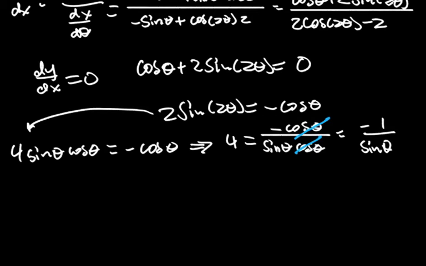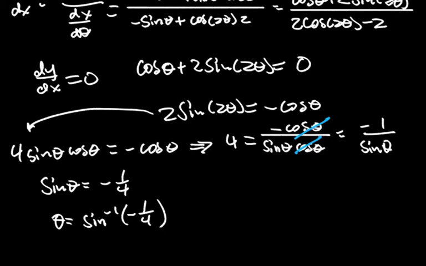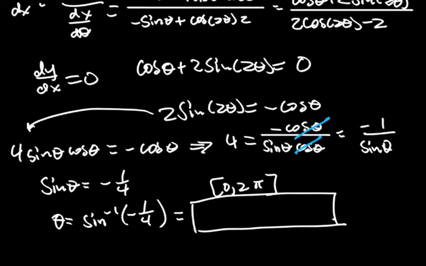So if we work with that, we basically see that sine theta equals negative 1/4. So theta equals sine inverse of negative 1/4. You can plug this into a calculator. You'll see a few things come out from here. We want both of the ones that exist on the interval from 0 to 2 pi. I'm actually going to just leave it like this for now, and then I'll put the solution in the description. So I want you to try doing that, and then I'll show you the solution down there.